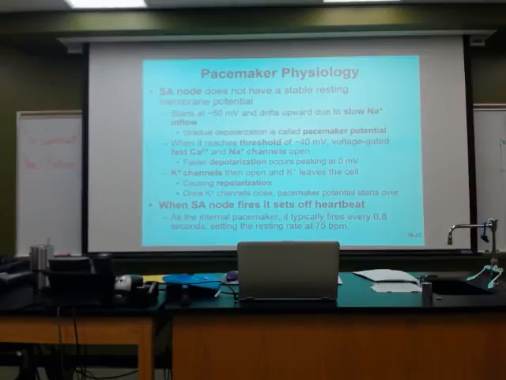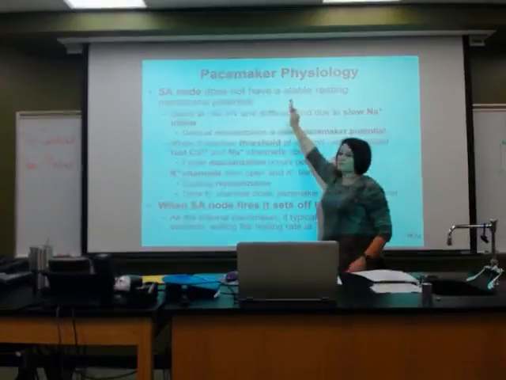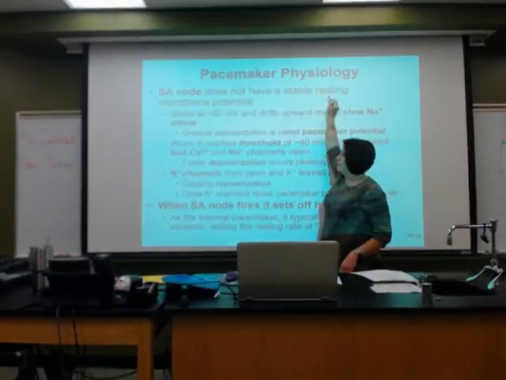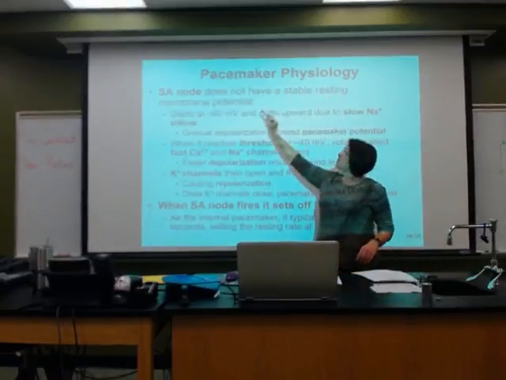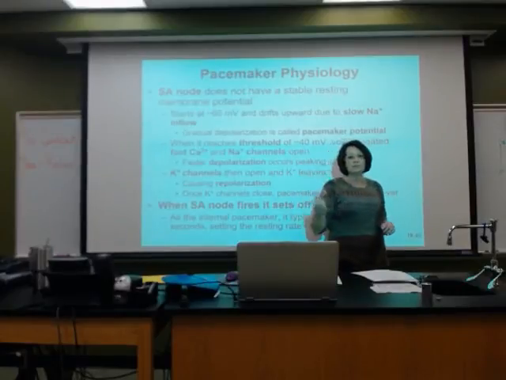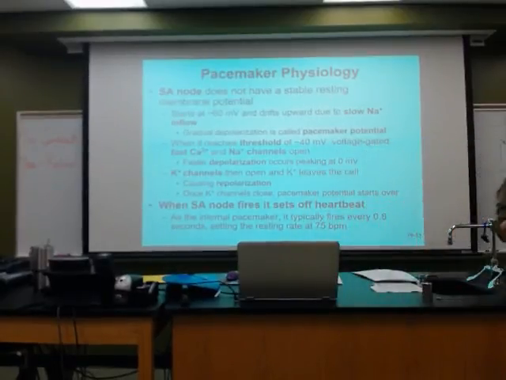Now, the difference, we do not have a stable resting membrane potential. Why do you think maybe that's the case for the SA node? Everything else had a normal, stable, resting membrane potential. Why do you think it's different for the heart?